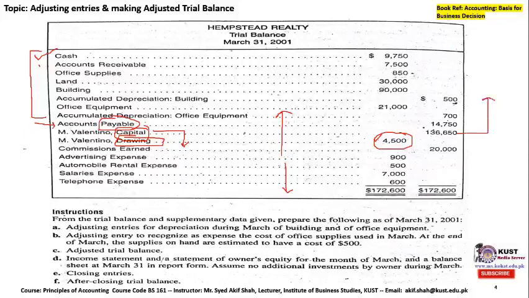After that, we can see the commission earned, which is the company's revenue. As we know, when there is an increase in revenue, it will have a credit entry, and normally we have a credit balance for our revenue account title. And after that, finally, the section explains all the expenses pertinent to this company, which are advertising expense, automobile rental expense, salaries expense, and telephone expense.